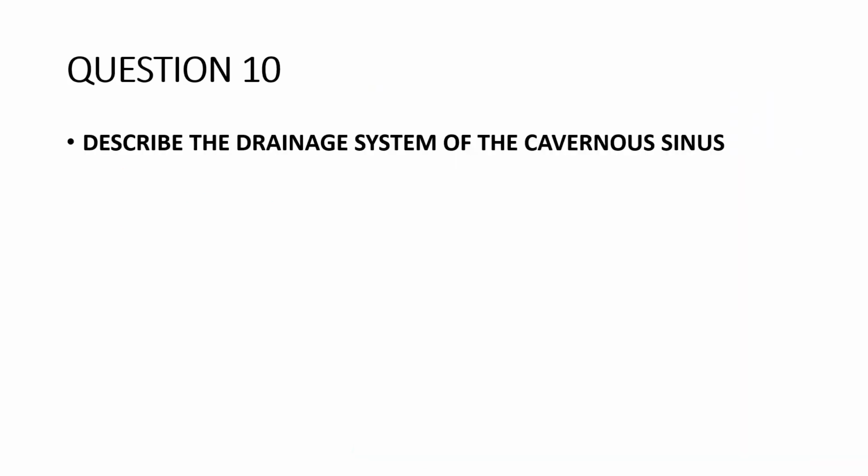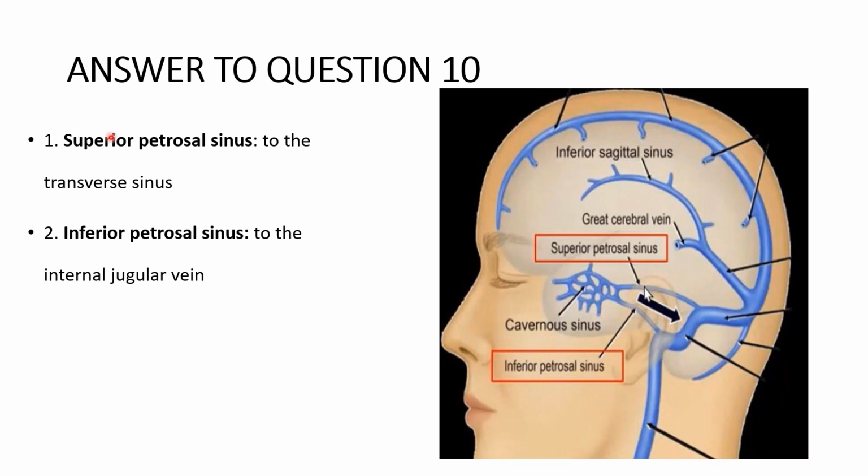So the last question: describe the drainage system of the cavernous sinus. There are two main drainage systems. The cavernous sinus actually drains posteriorly. We have the superior petrosal sinus draining into the transverse sinus, and we have the inferior petrosal sinus draining into the internal jugular vein.